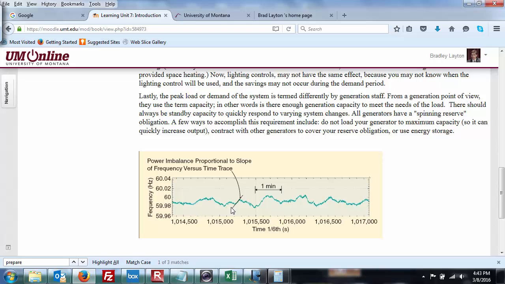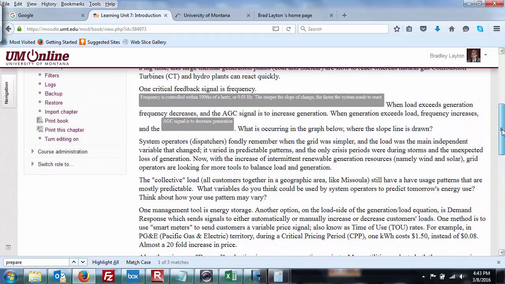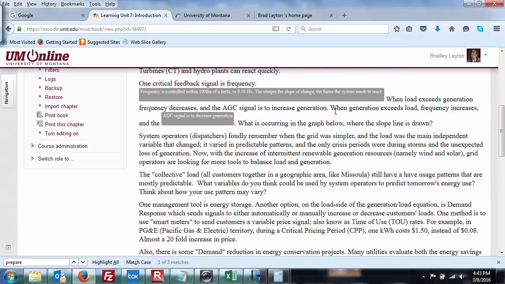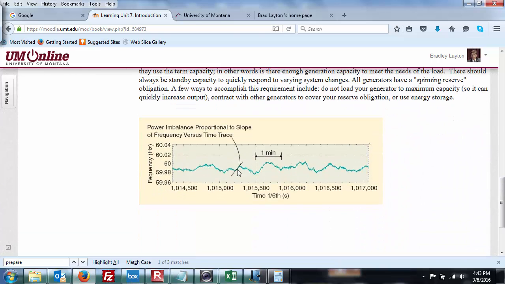So it's like, hey, let's hurry up and get back up to 60. And the generation exceeds load. Yeah. So right there in that slope, the generation is exceeding the load. The generation is trying to get back. There's more generation than there is load, so the frequency just popped up.